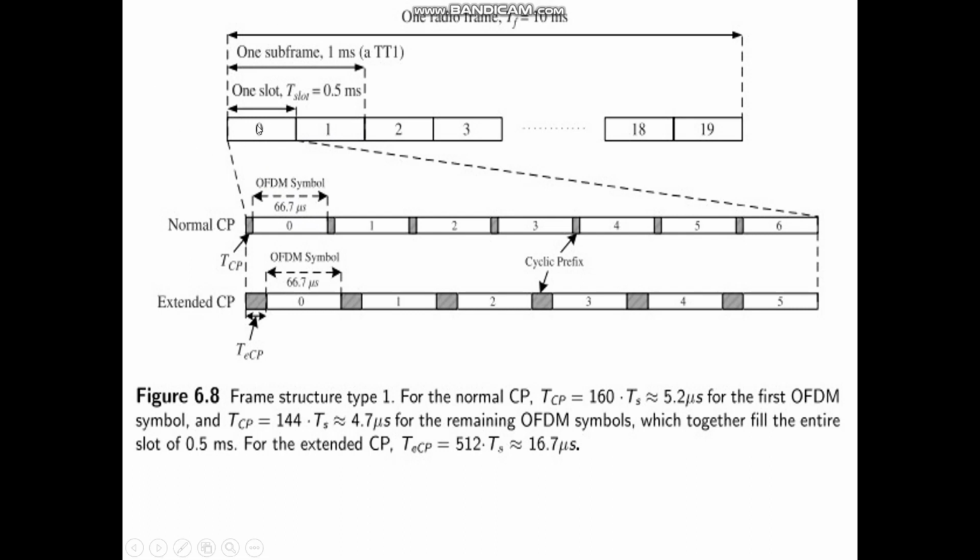Considering one slot, in one slot we can have 7 OFDM symbols if a normal cyclic prefix is used, and each OFDM symbol will have a length of 66.7 microseconds.